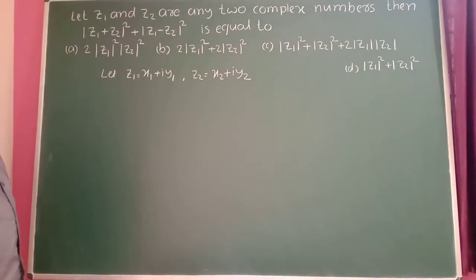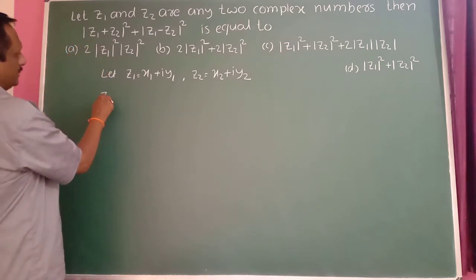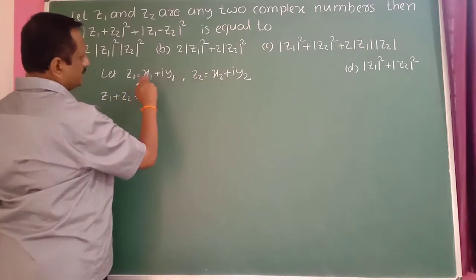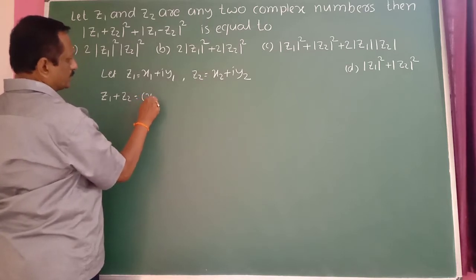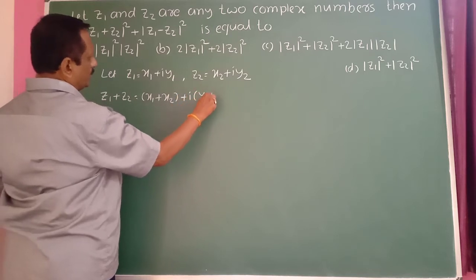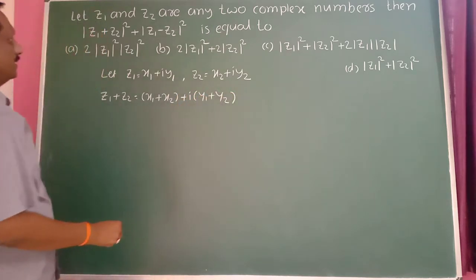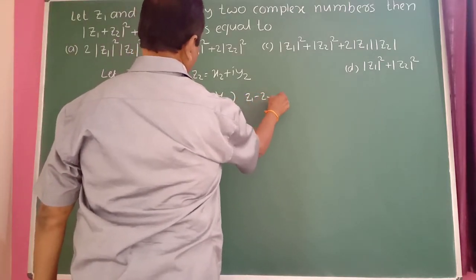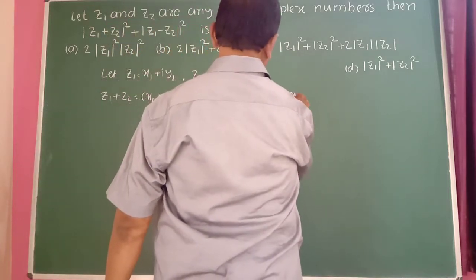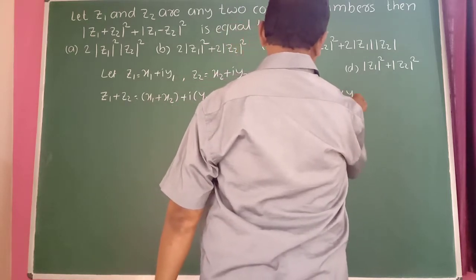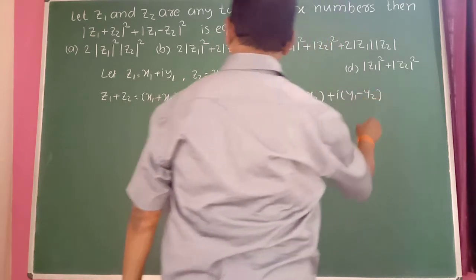Next, adding z1 plus z2: the sum of these complex numbers gives (x1 plus x2) plus i into (y1 plus y2). And subtracting, z1 minus z2 gives (x1 minus x2) plus i into (y1 minus y2).